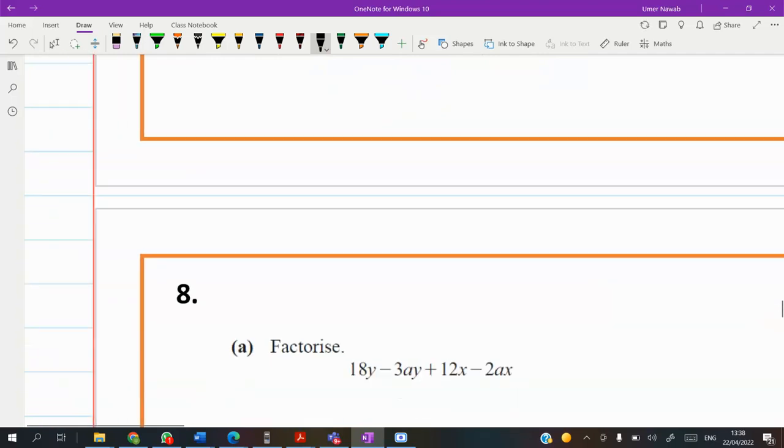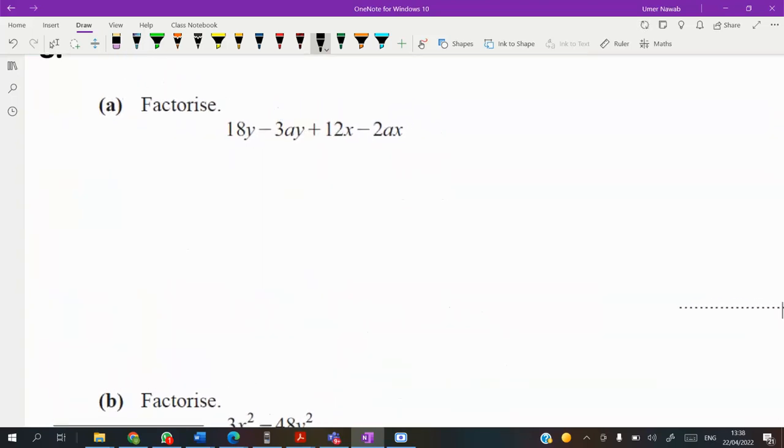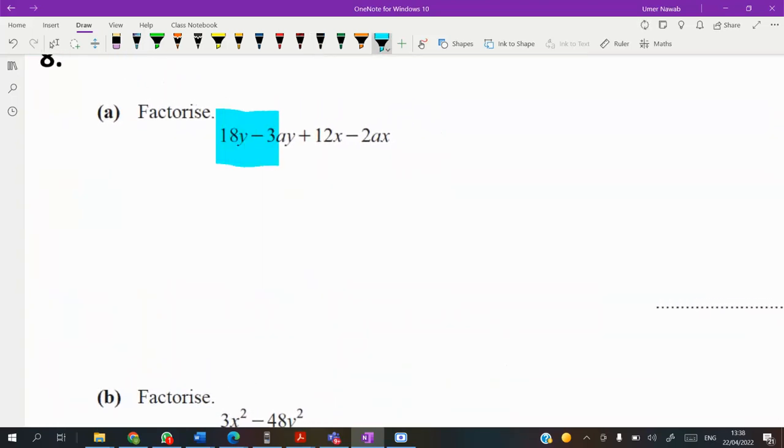Next question. Grouping. We want to go for grouping. So 18 a minus 3ay, so 3y is common, so 6 minus a. Oh, y is gone out.